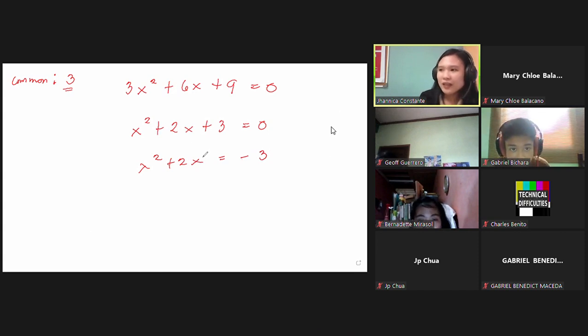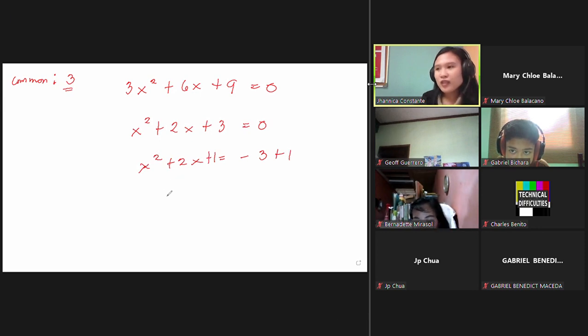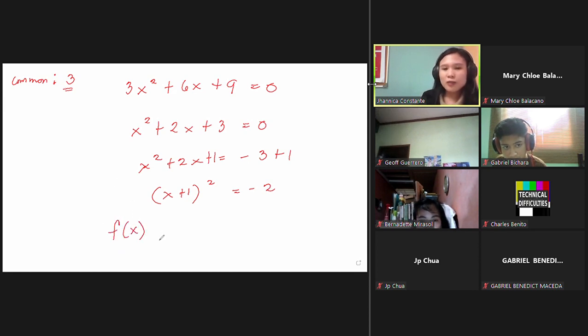Get the half of 2, which is 1. Square of 1 is 1, so add both sides by 1. So we will be having the factor of x squared plus 2x plus 1, which is x plus 1 squared, equals negative 2. So the vertex form of the equation is f of x equals the common factor 3 times x plus 1 squared plus 2.